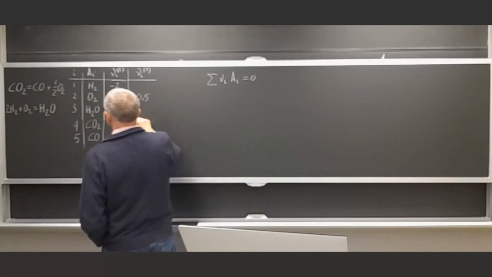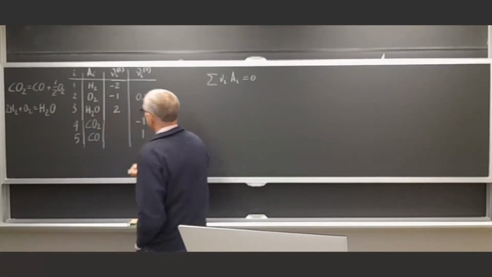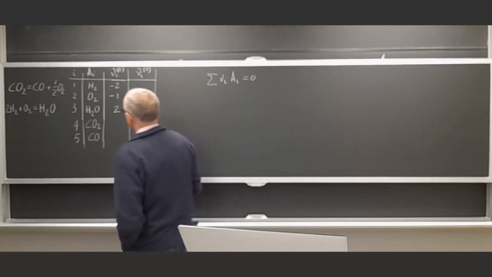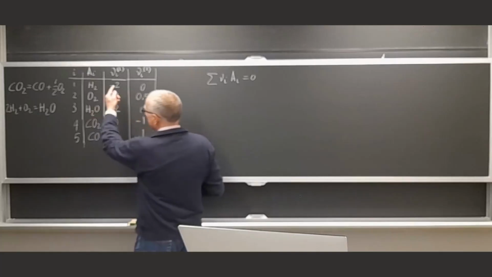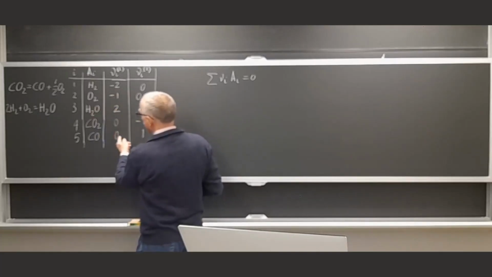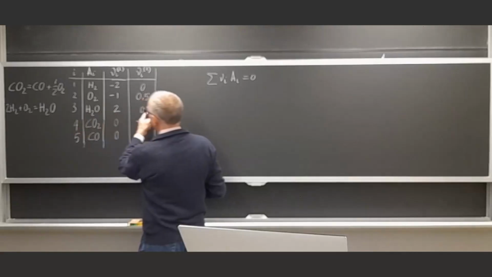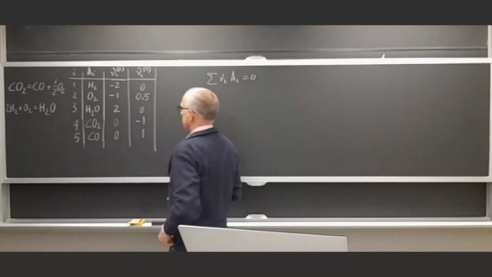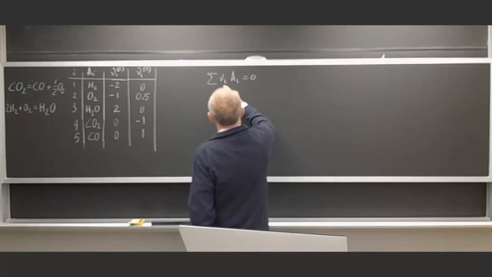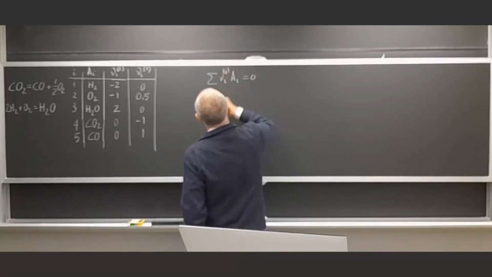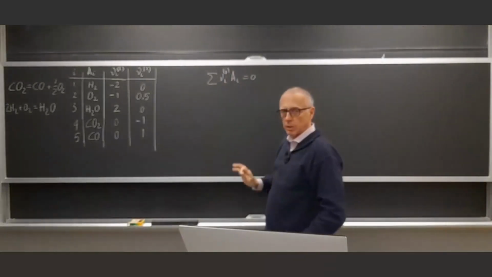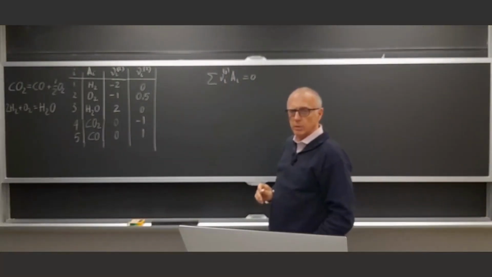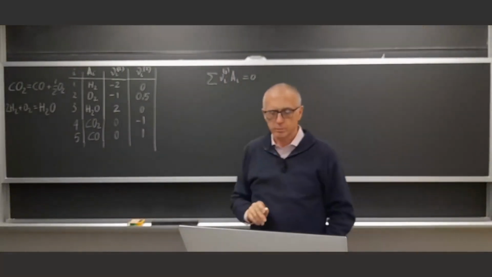It's minus 1. And of course, the others are 0, because in reaction 1, there is no role played by CO2 and CO, and in reaction 2, there is no role played by water and hydrogen. And so you see, I have just put a j there, and I have a system of as many chemical reactions as we want.